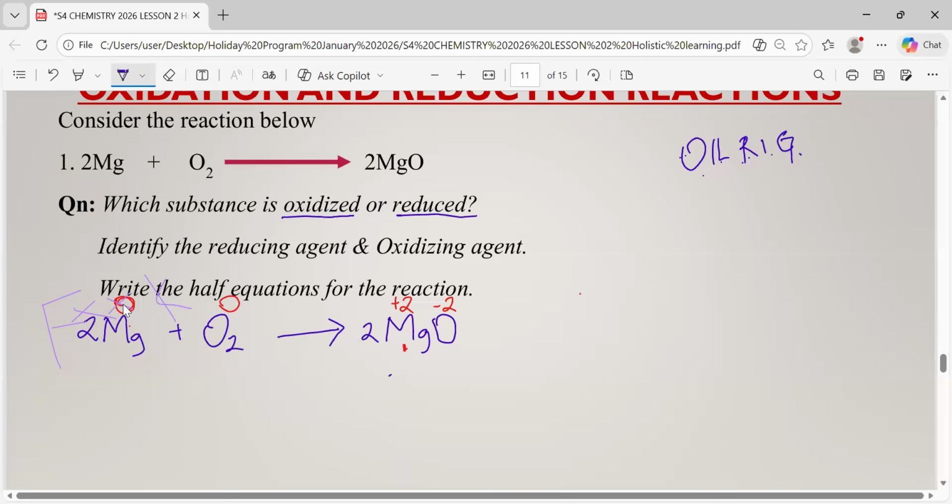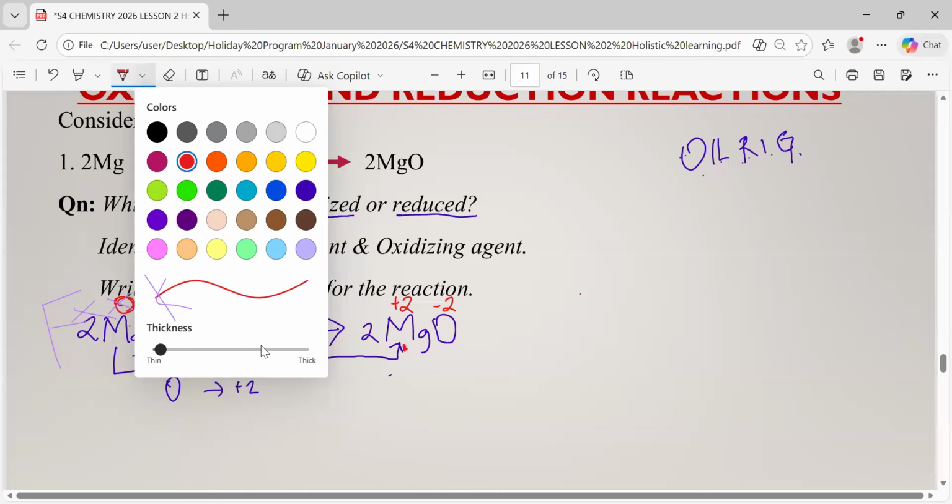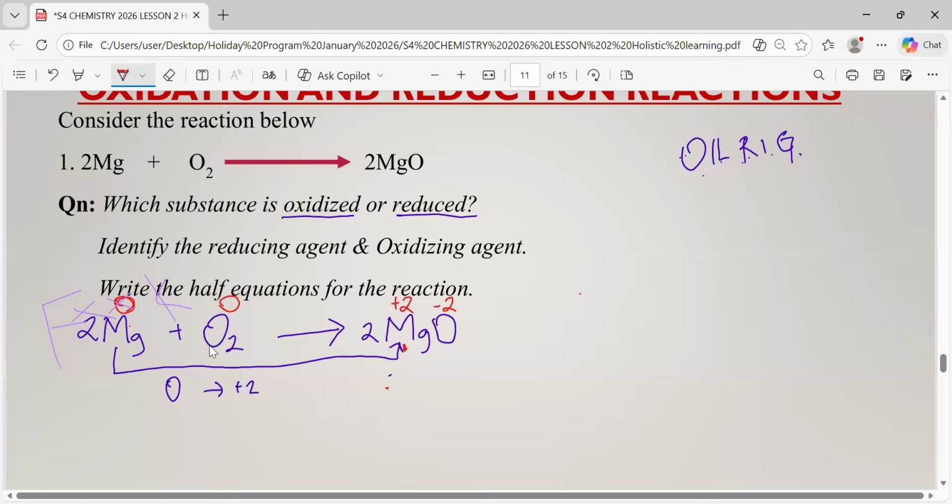From magnesium to magnesium ion in the product, it is coming from 0 to positive 2. Then oxygen is coming from 0, then it is going to negative 2.